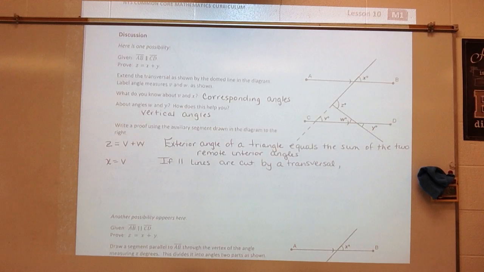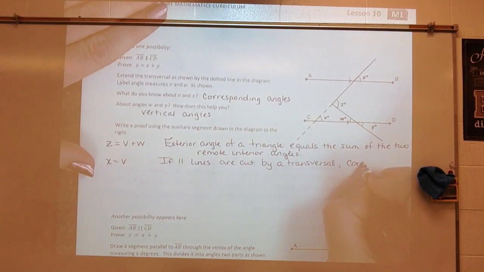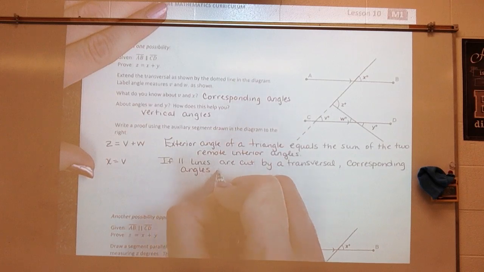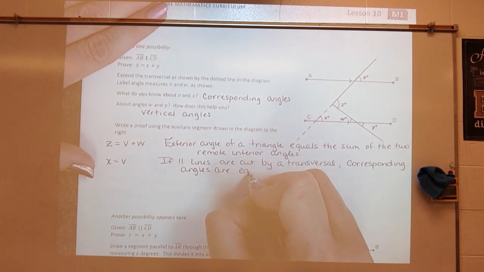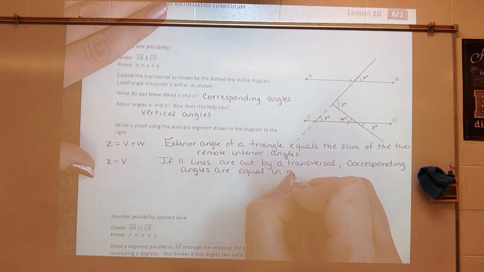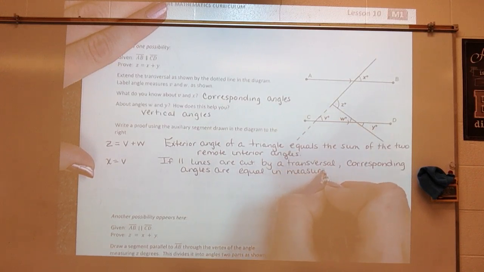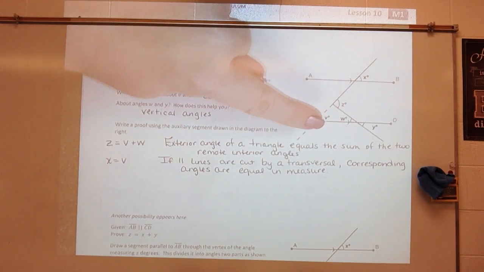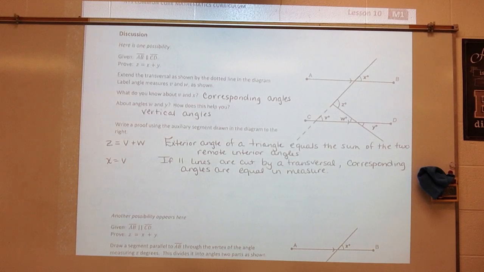These are corresponding angles. Corresponding angles are equal in measure. All right, so now we know that X and V are equal.